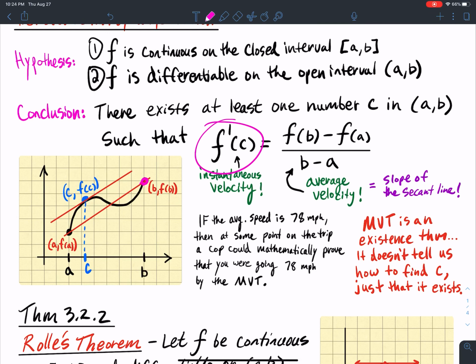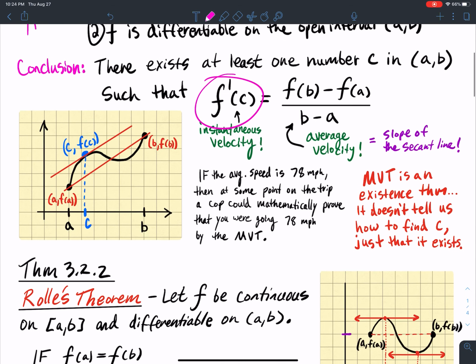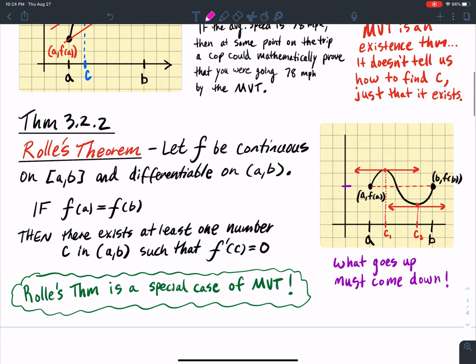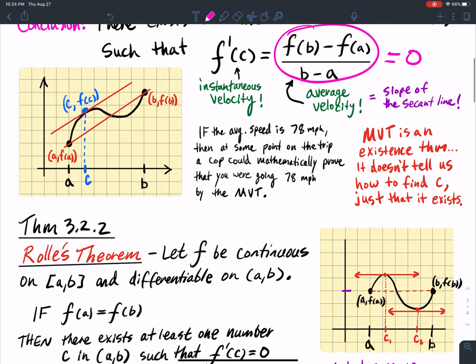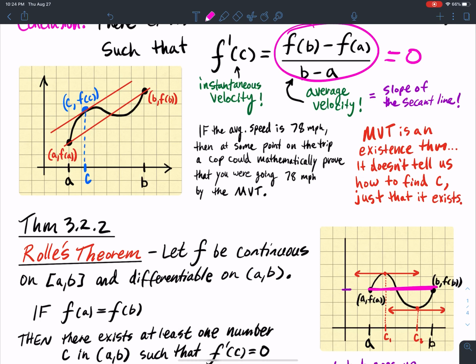But in Rolle's theorem, the slope of the secant line is literally equal to 0. So instead of being equal to this big old expression, it's just equal to 0.